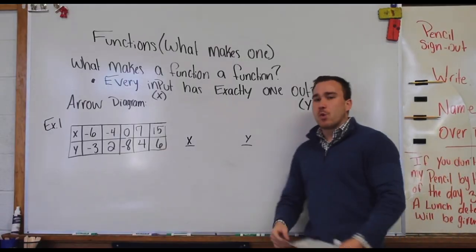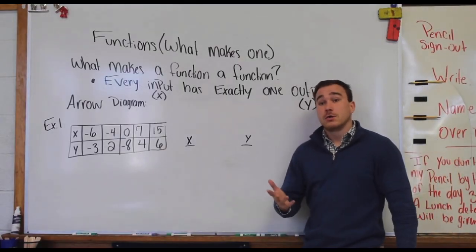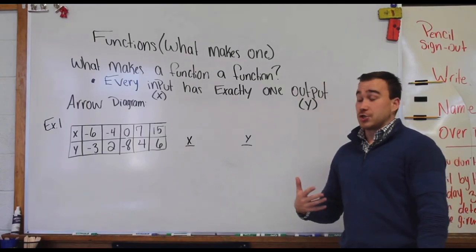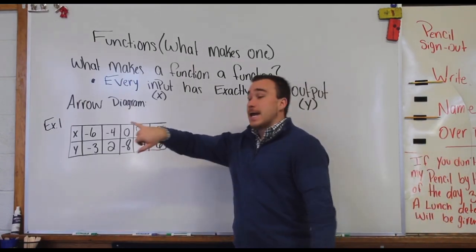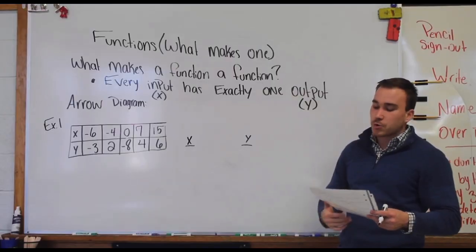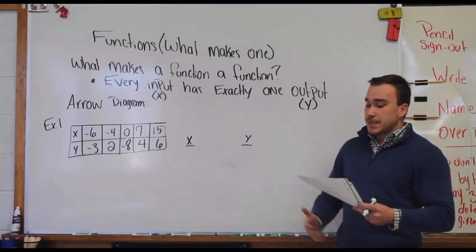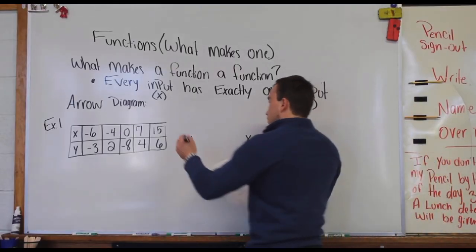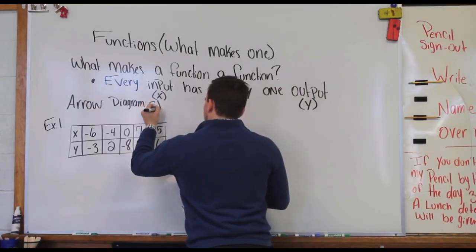Alright? And one way that we can show and visualize if it's a function or not is by using arrow diagrams. Alright? So arrow diagrams show what inputs lead to specifically what outputs.